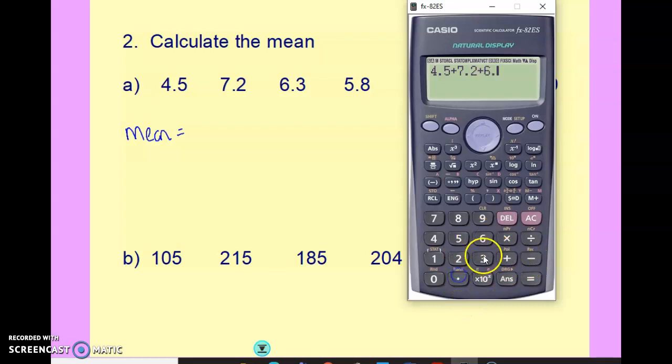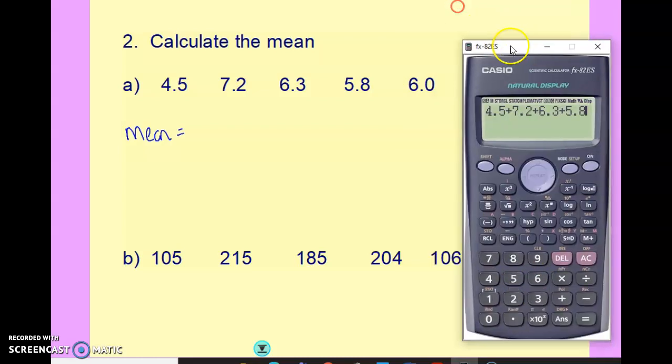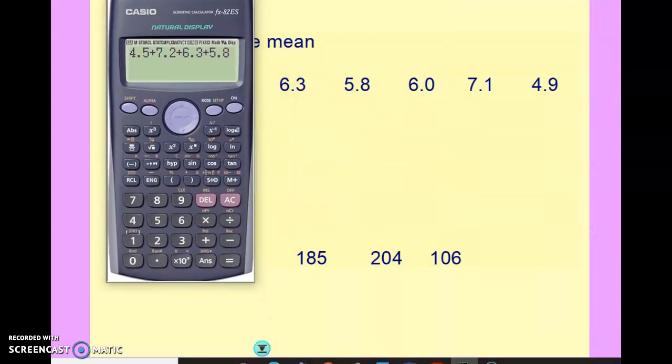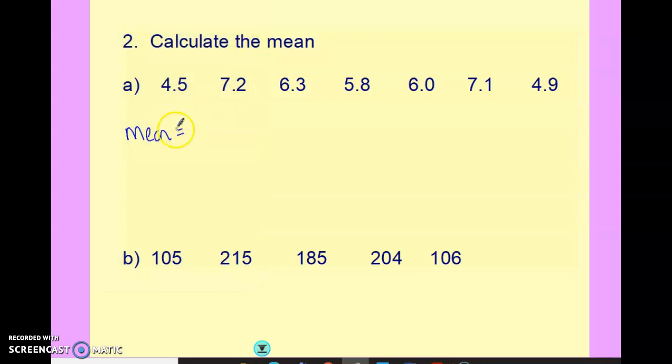Plus 6.3 plus 5.8 plus 6 plus 7.1 plus 4.9. That comes out as 41.8. Okay.